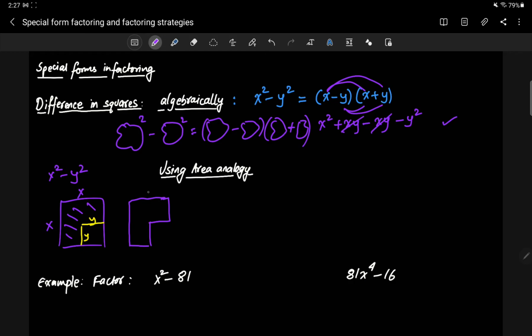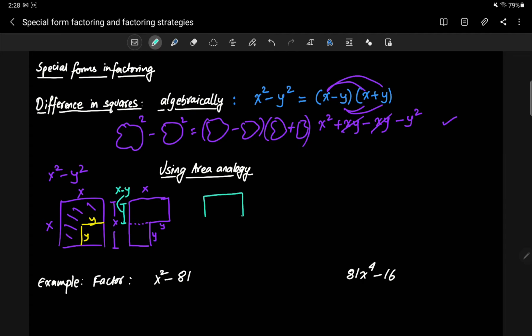Now let's see, what are these lengths? That is x, this length is y, and this length is y, which means that if I were to break this into two smaller pieces, I don't want this L shape, I still want rectangles, then this big length is x and this small length is y, which means that this length here is x minus y.